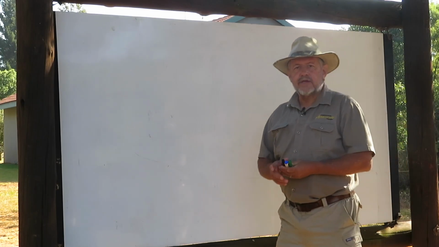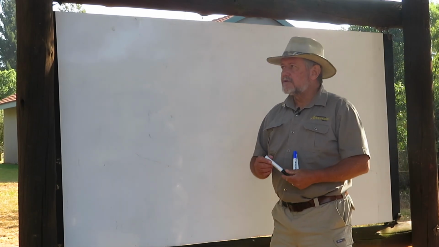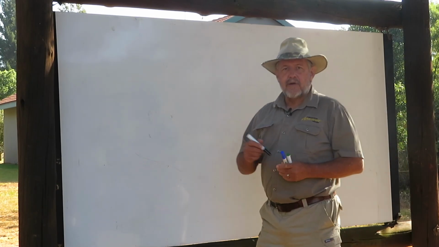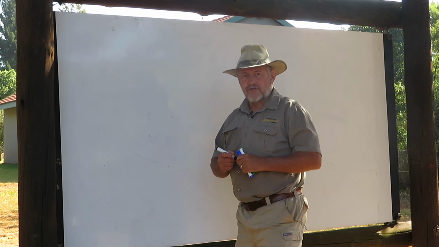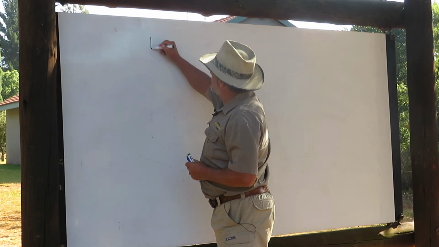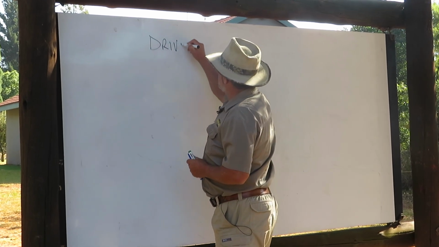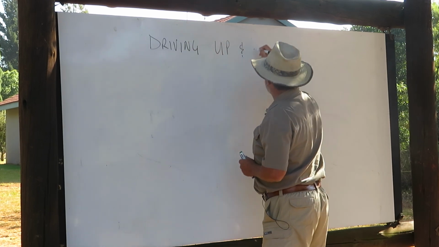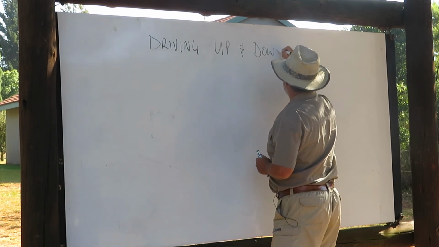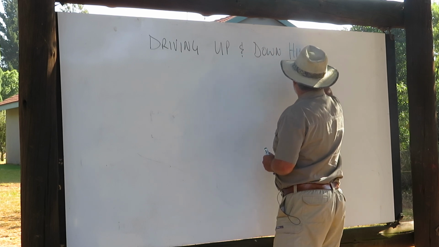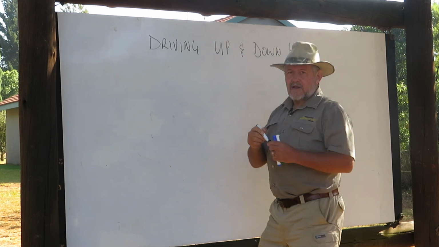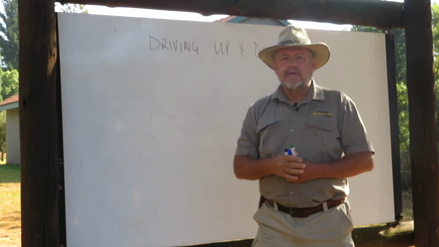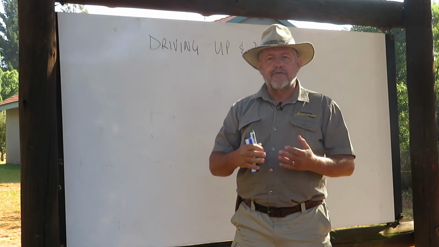Okay, before we venture into the first obstacle, just a reminder of what we looked at during training. Driving up and down hills can be tricky because of a few factors.